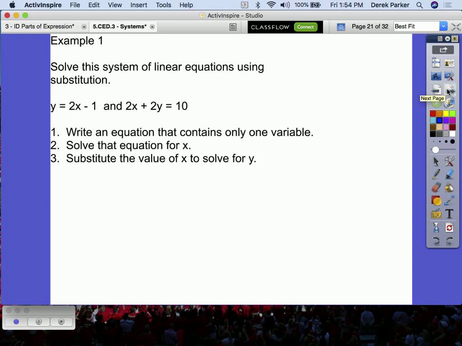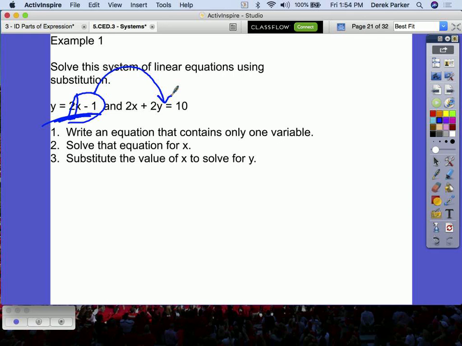As you can tell, in my first equation, y is by itself. It's in slope-intercept form. So I can just plug in 2x minus 1 as y, because it says y equals 2x minus 1. So since y equals this, I can plug it in as y.